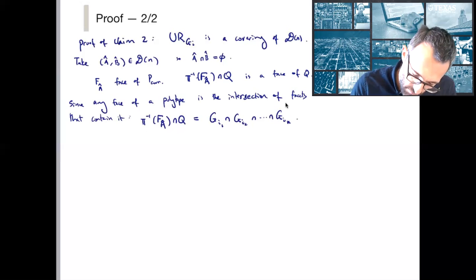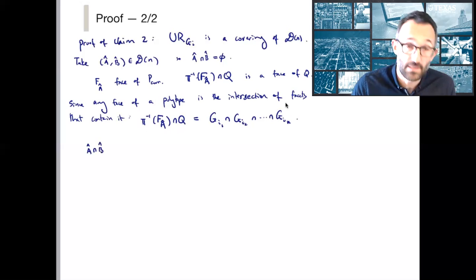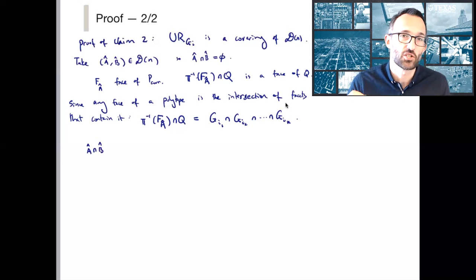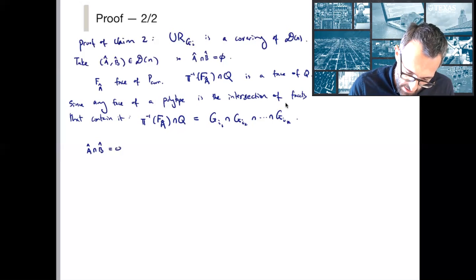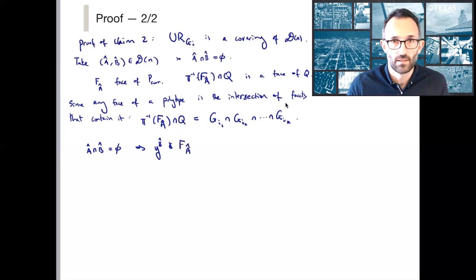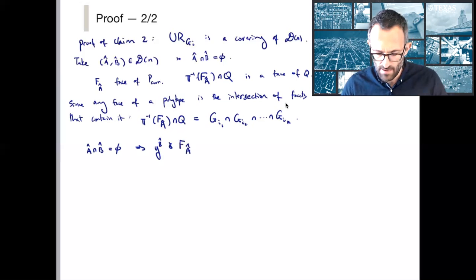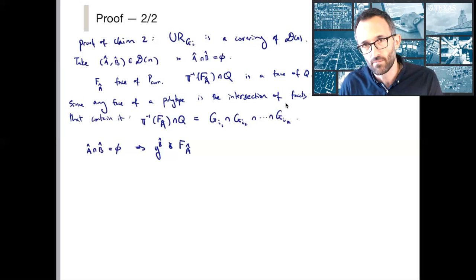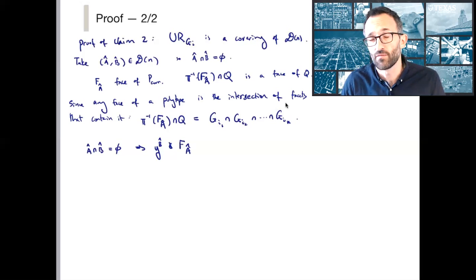Now, we know, meanwhile, that since A and B do not have intersection 1, in particular they have empty intersection, this implies that this extreme point is not an element of this face. There's a lot of notation, so perhaps I repeat myself a lot on this. Remember that the faces are defined so that an extreme point YB belongs to face FA if and only if A and B have intersection of exactly one element.